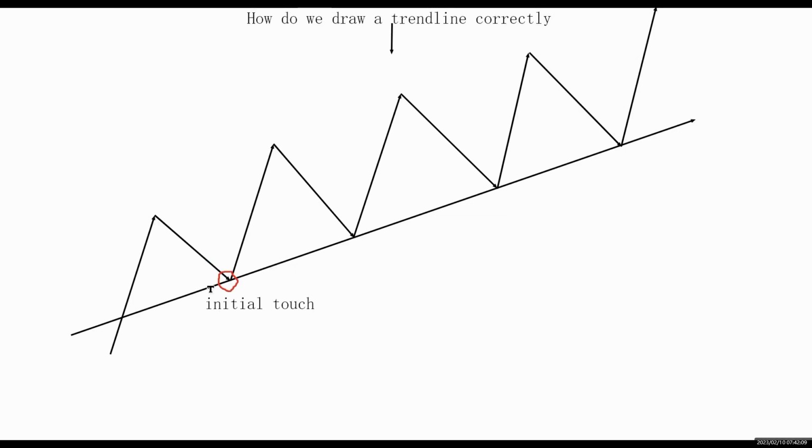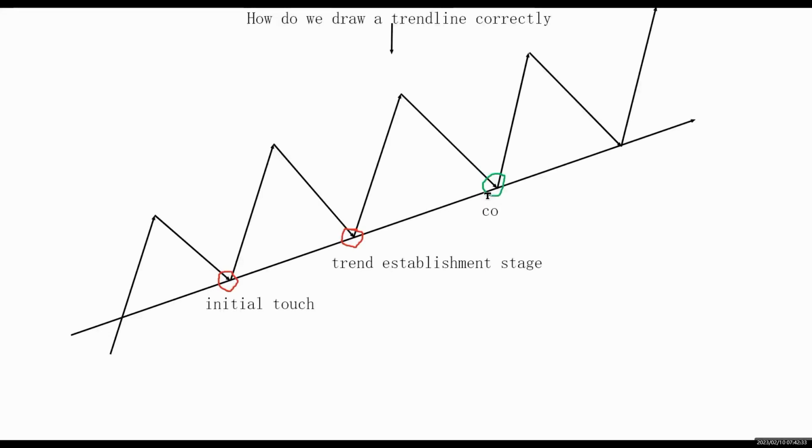Then the second touch right here is what I refer to as the trend establishment stage. And the third touch right here is what I refer to as the confirmation stage.